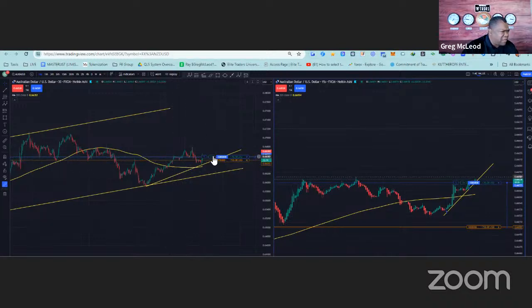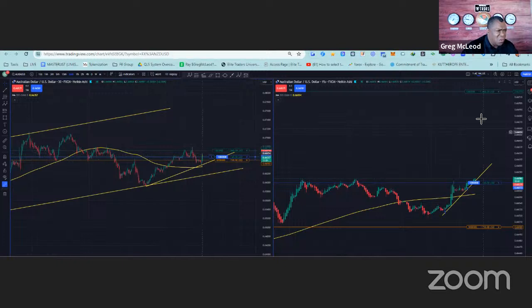Let's see if we can double it. How about a 2-to-1 risk reward ratio? Way up there, that's 14 pips. Let's see if we'll hit that.